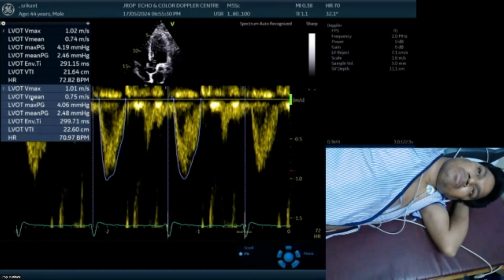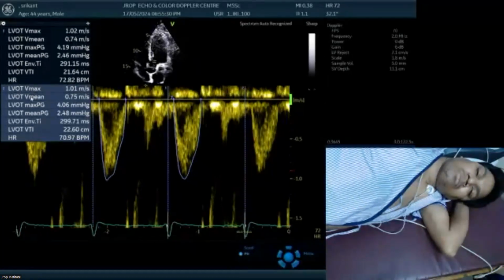First, MR. Whenever the MR is very severe, what you should look for is LV dilatation, the first and foremost parameter. Then we look for vena contracta more than 0.7 centimeter. Then we look at jet area versus LA area.